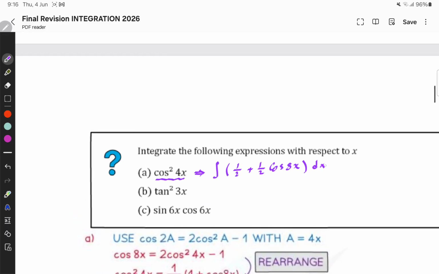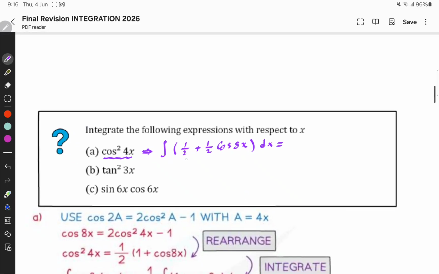Now start to integrate. The first one is a constant value, so it will be x. The second term is a simple rule: the integral of cosine is sine 8x, times 1 over 8, times 1 over 2 outside, which is 1 over 16. All of that plus c, and that is the final answer.